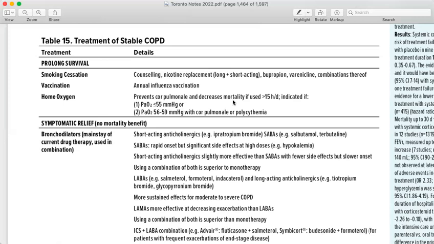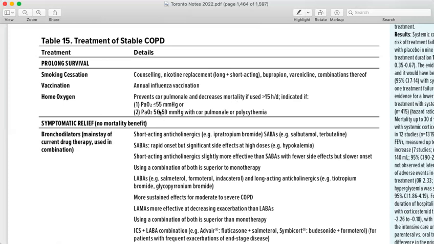That's why if the scenario says that they are not willing to quit smoking and are demanding home oxygen, you are going to counsel that if they don't do smoking cessation, this home oxygen will not help them. That's why it's important in the scenarios whether they have already discussed smoking cessation or not. Although it helps prevent cor pulmonale and decrease mortality, if smoking cessation is not started, the home oxygen will not work.